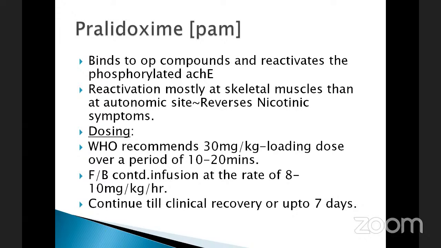Do you monitor this regularly? Yes, sir, monitor serum cholinesterase. Is there any significance if it is initially low and slowly increasing?